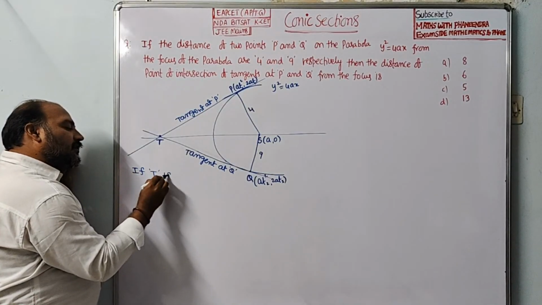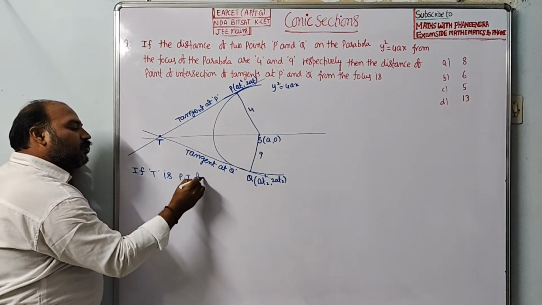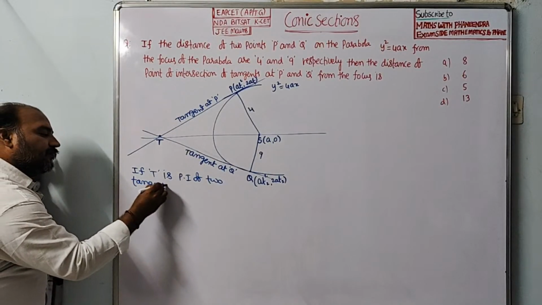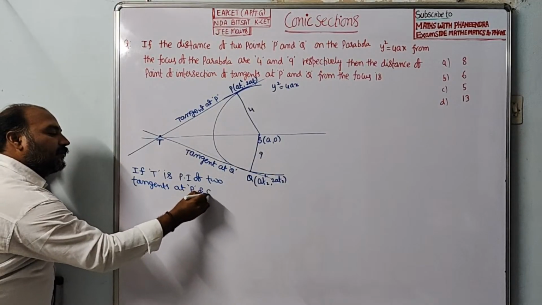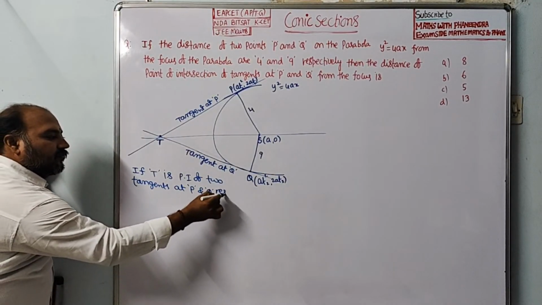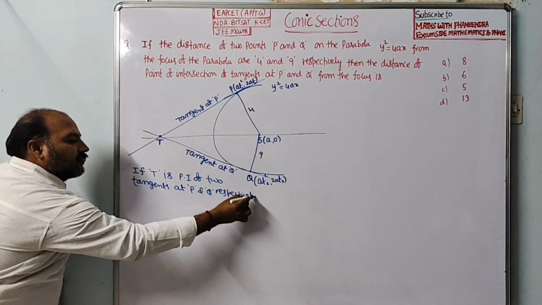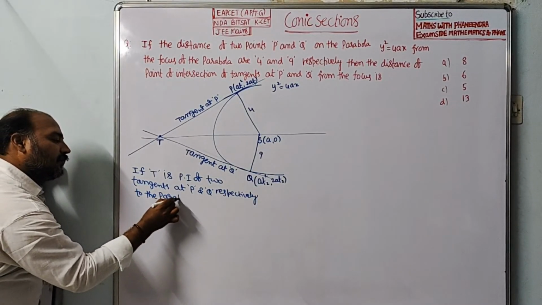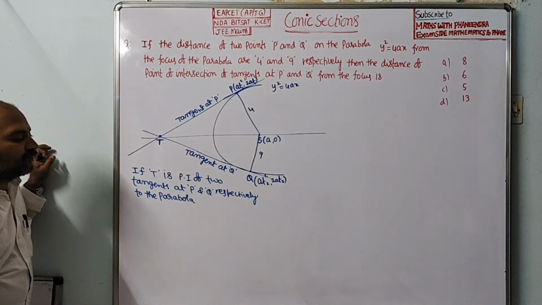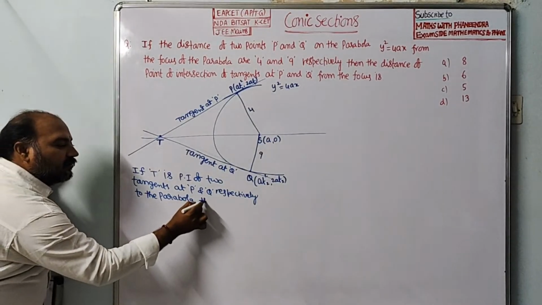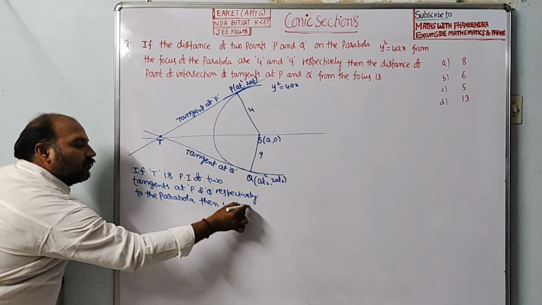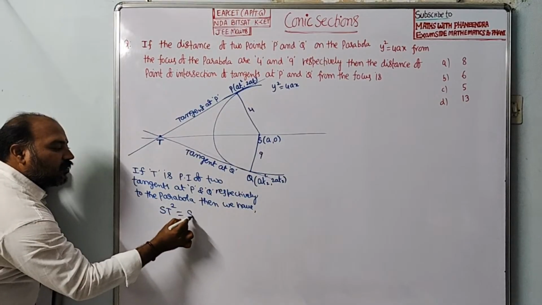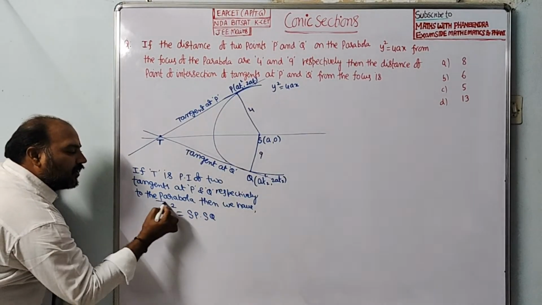If T is the point of intersection of the two tangents at P and Q respectively to the parabola, then we have ST square equal to SP into SQ. This is one of the properties of the parabola.